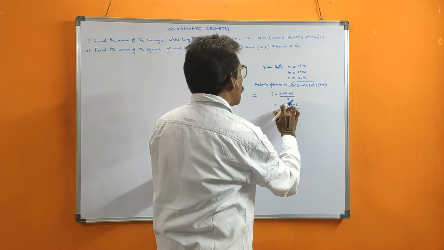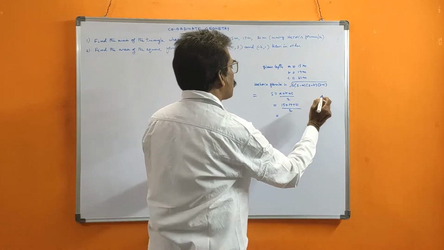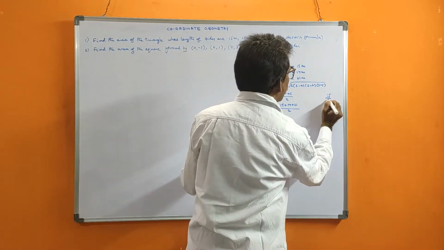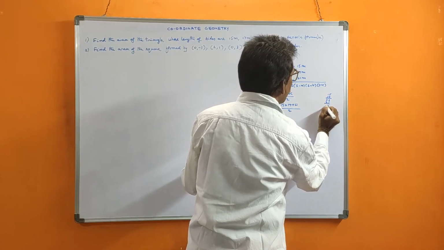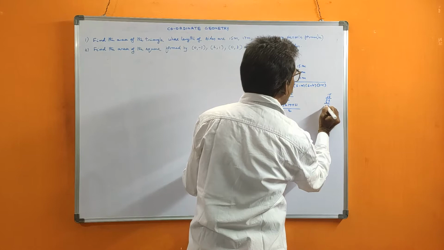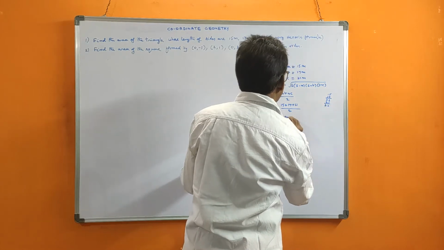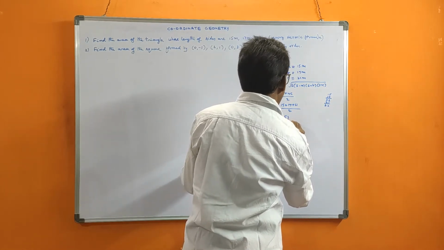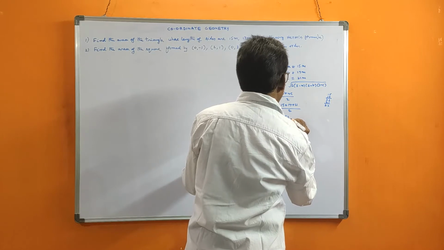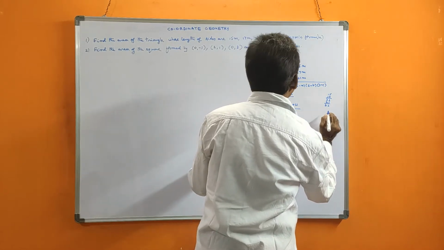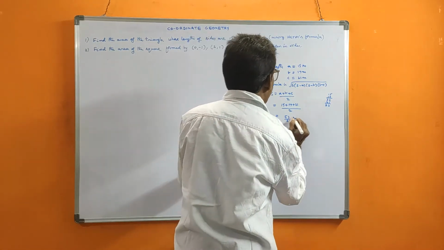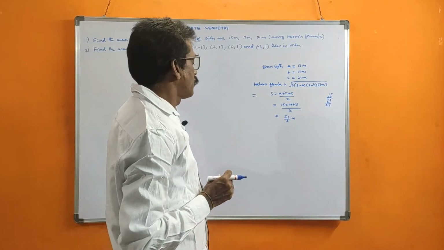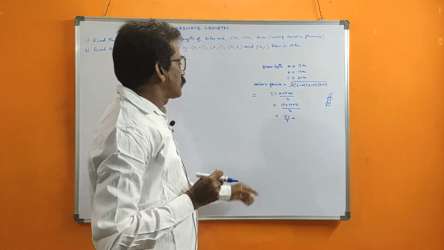Adding 15 and 17 gives 32, plus 21 is 53. So s is 53 by 2. Leave it like this only, no problem. We will calculate 53 by 2 last.